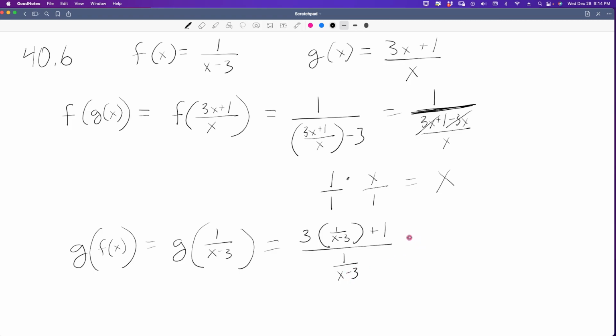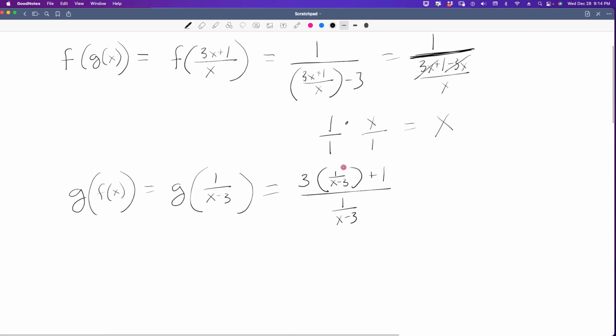All right, so let me resolve this numerator. So it's going to be 3 over x minus 3 and then to make this the same denominator, so 3 over x minus 3 plus 1, it's going to have to be x minus 3 over x minus 3 for this to be the value of 1. Right?